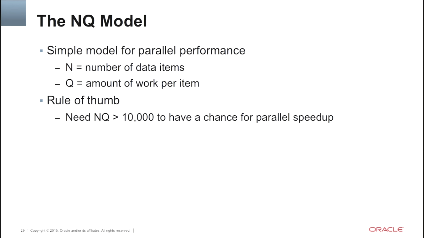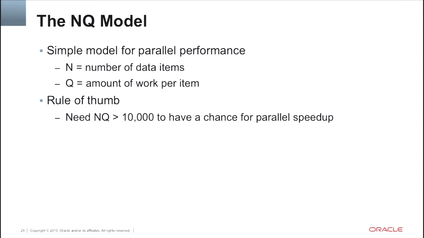You should be able to look at your pipeline and say, at each stage, I'm really not doing anything. I'm shuffling some data around, I'm adding things up. That's a low Q problem. Or at each stage, I'm factoring large numbers. That's a high Q problem, right?